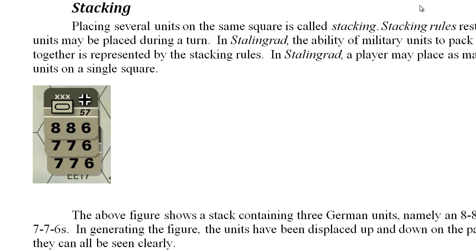If I had combat going on over here someplace, and one of my units was required to retreat as a result of combat, it could not be retreated into this square because this square is entirely full. That unit would either have to be retreated to some other square if possible, for example, perhaps the square I'm indicating. If the unit had no legal retreat route, it would be destroyed as a result of combat.